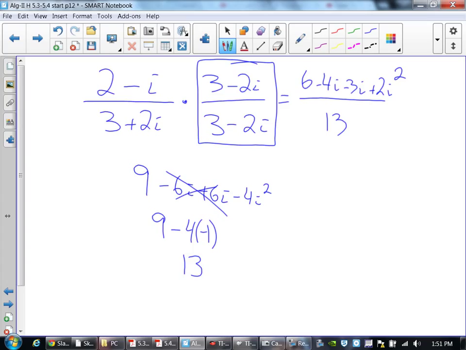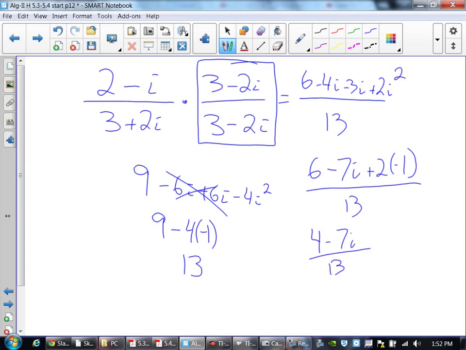So we just combine them. We get 6 minus 7i plus 2 times negative 1 over 13, which gives you a final answer of 4 minus 7i over 13. And that's the final answer.